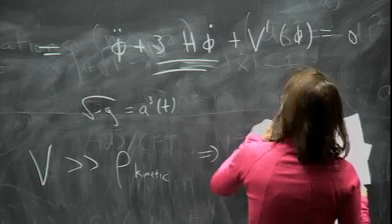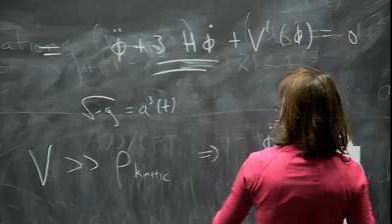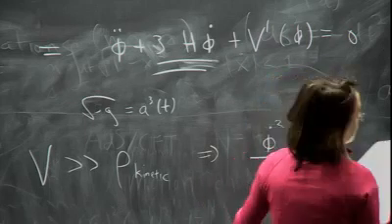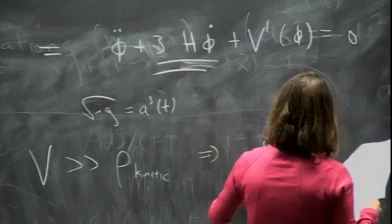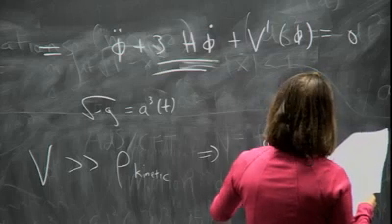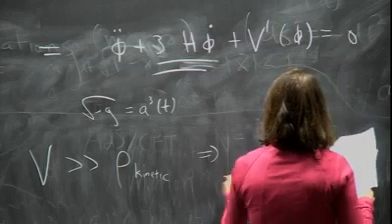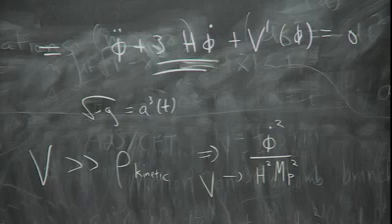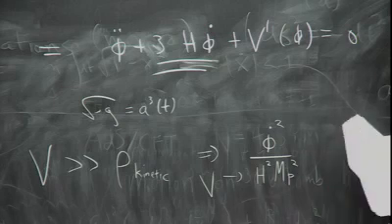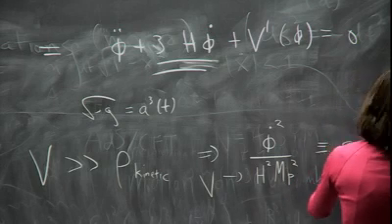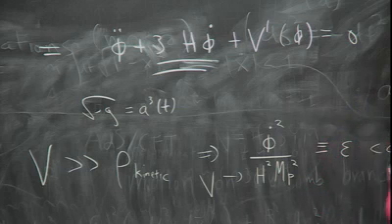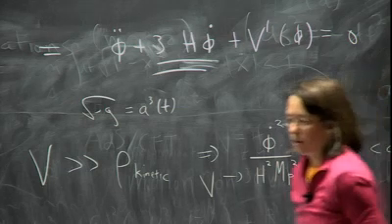Well, that means phi dot squared over the potential energy. Now, from the Friedmann equation, the potential energy is of order H squared M Planck squared, so it's useful to just go back and forth between those two. Let's call this epsilon, and we know we need it to be small. Okay, so far so good.